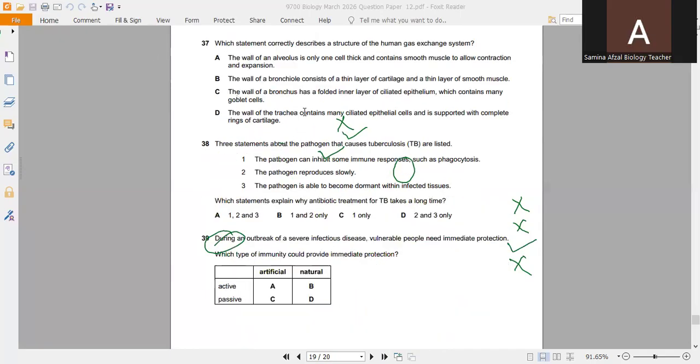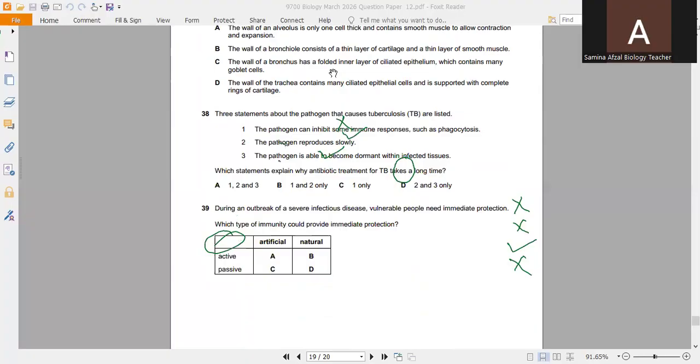Now question number 38. Three statements about the pathogens that cause tuberculosis are listed. The pathogens can inhibit some immune responses such as phagocytosis.